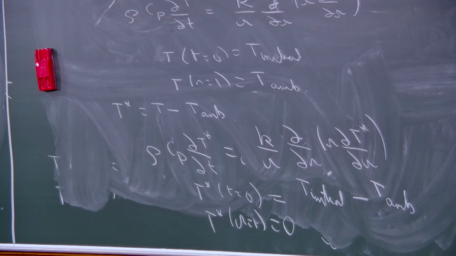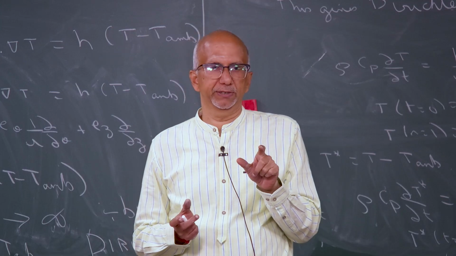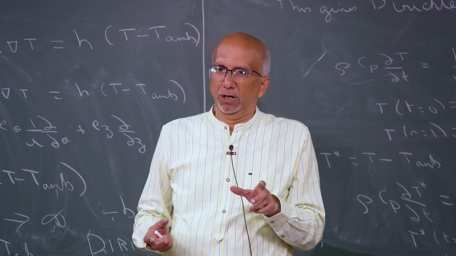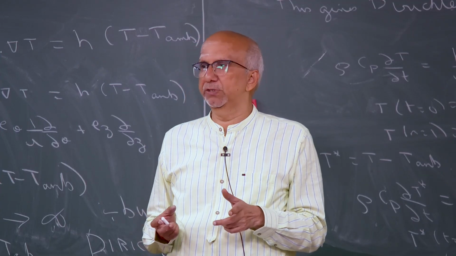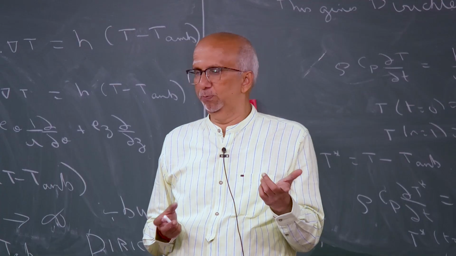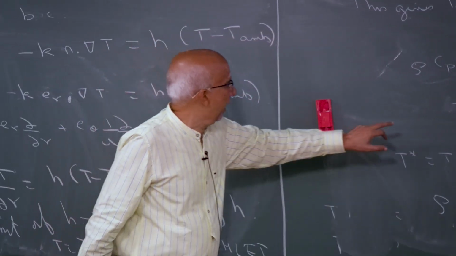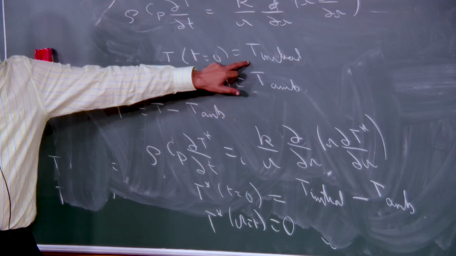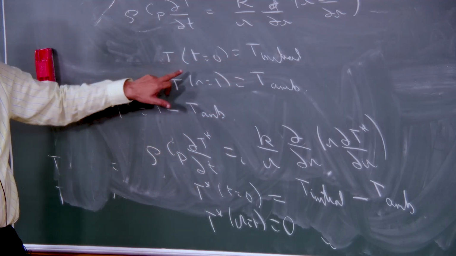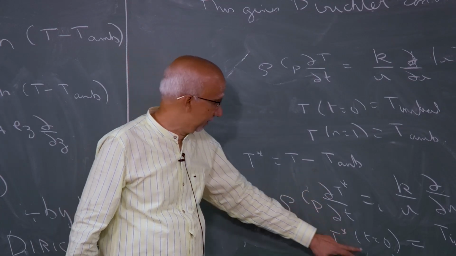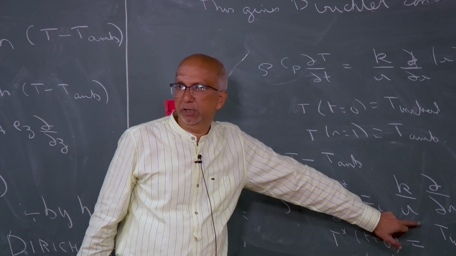If you remember, we use the principle of linearity and superposition when you have two non-homogeneities, and we treat one non-homogeneity at a time because the equations are linear. But what have I done by making this transformation? I had two sources of non-homogeneity. By defining T star like this, I have only one source of non-homogeneity now, in the initial condition.